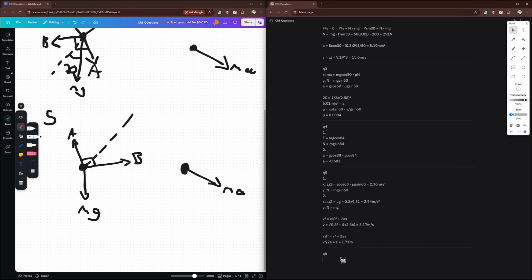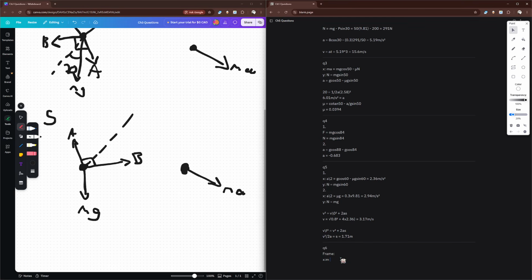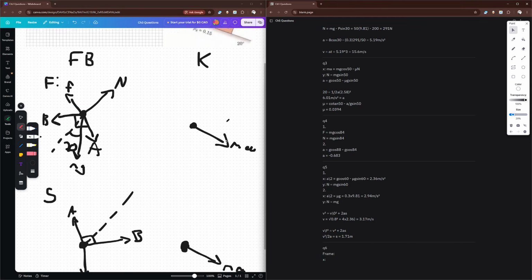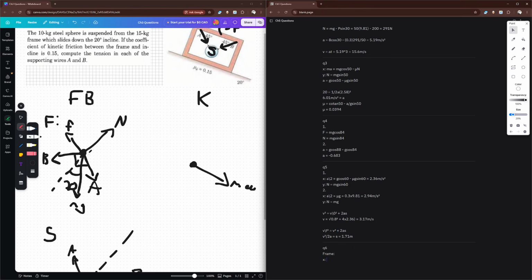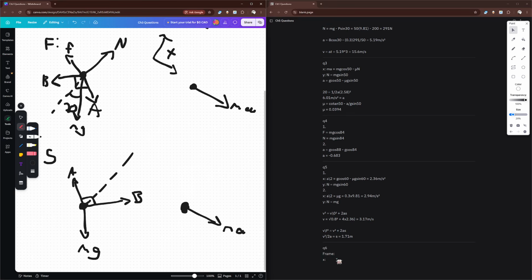Anyways, let's get to some force analysis for the frame in the x direction. x is along this line. This is y, and this is x. Down is positive.